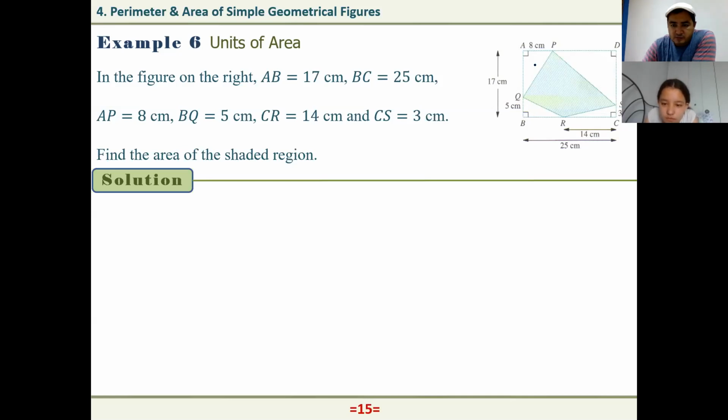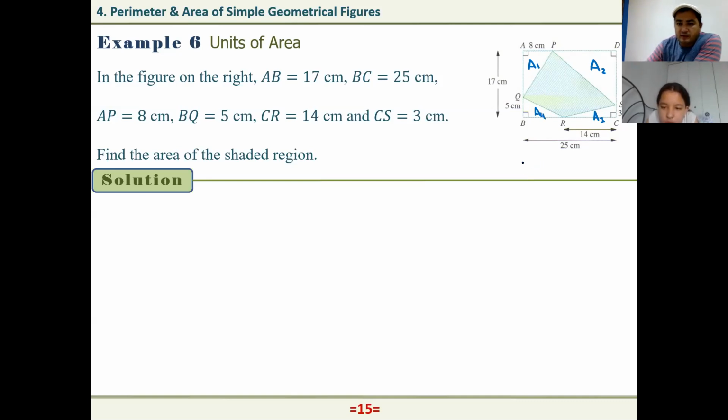Suppose that the area of this triangle is capital A sub 1. The area of this triangle in the unshaded region, let's say capital A sub 2. And this one, capital A sub 3. And this one, capital A sub 4.